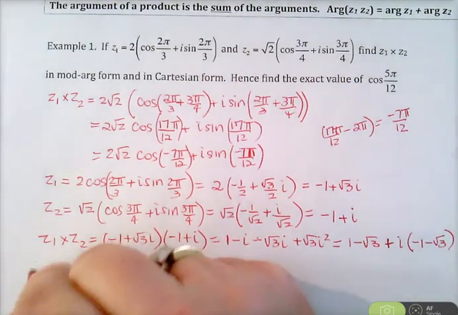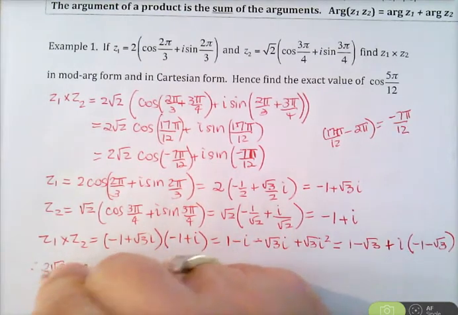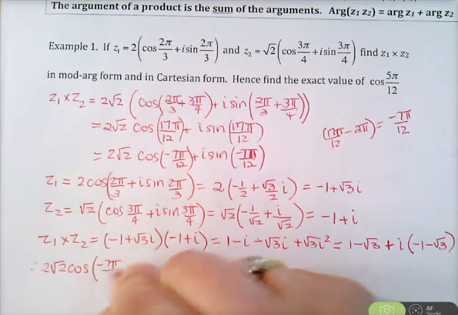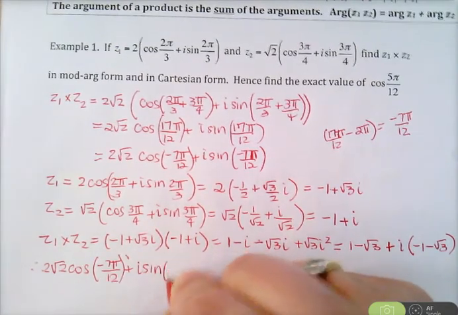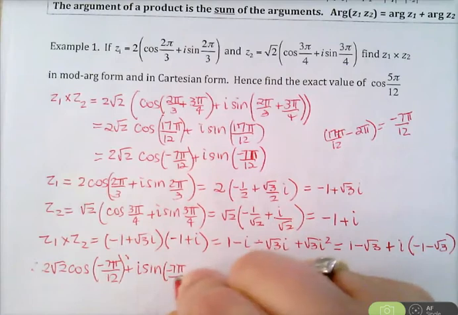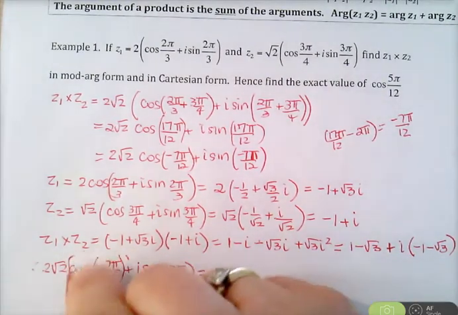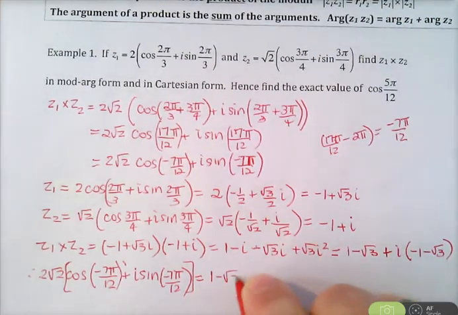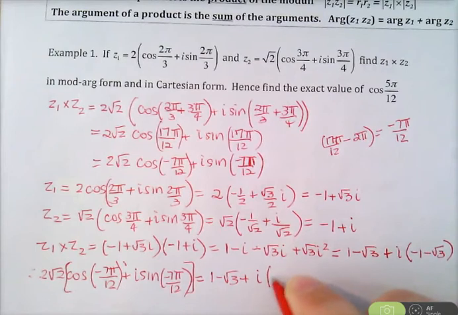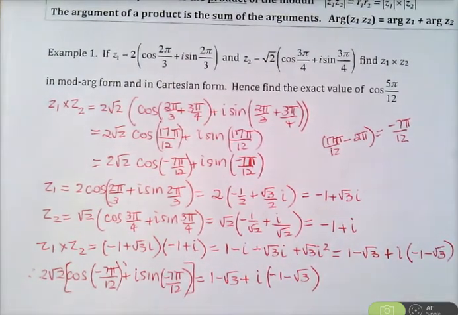And so therefore, we can say that 2√2(cos(-7π/12) + i sin(-7π/12)) is equal to, need brackets there, (1 - √3) + i(-1 - √3). Now we need to equate real and imaginary parts.